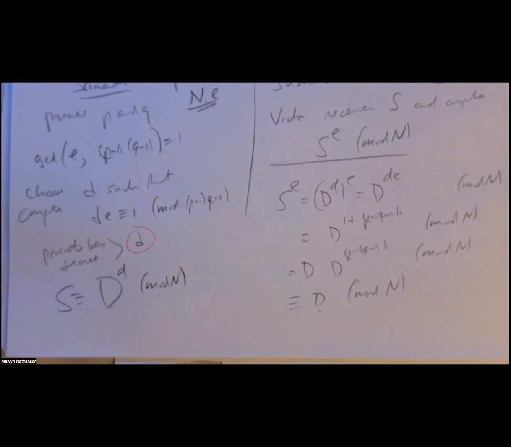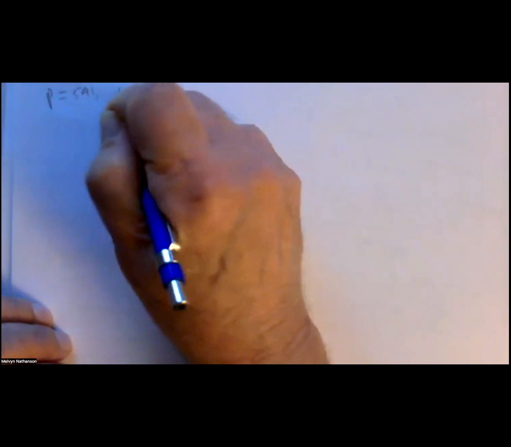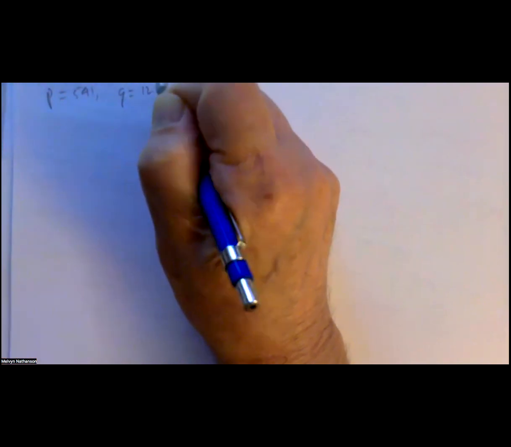Let me do an example to show what it is. Suppose Samantha chooses the primes p equal 541, q equal 1223.